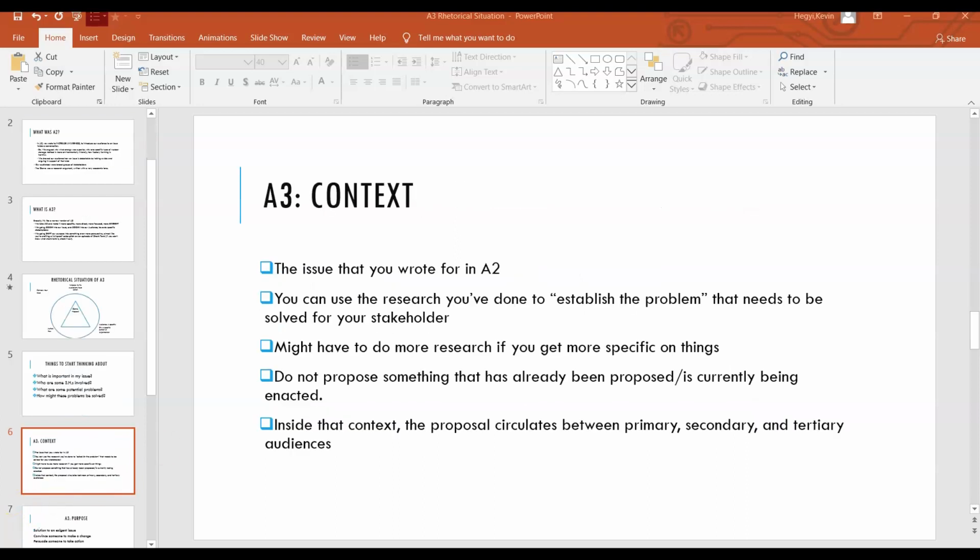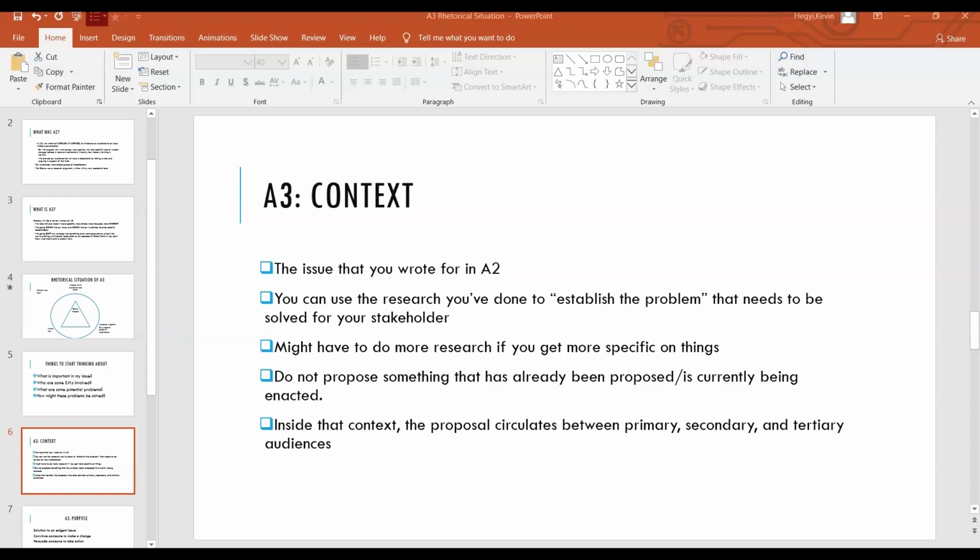Now I'm going to go through each component of the rhetorical triangle. We'll start with context. It can be the issue that you wrote about in A2. You've done a lot of that research to familiarize yourself with that conversation, and you can use it to establish the problem that needs to be solved for your stakeholders. So your problem can come from something you've already been researching.